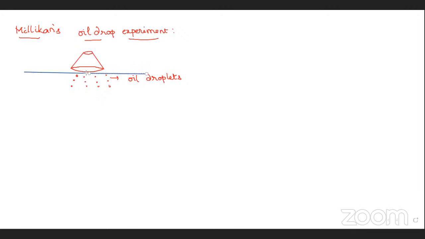Through that small hole, the sprayed drops come out drop by drop and move towards the other electrode. These are the two electrodes. But previously I did not apply any electric or magnetic field in between. Simply I left them, and the drops fall vertically downwards in which field, Nana?